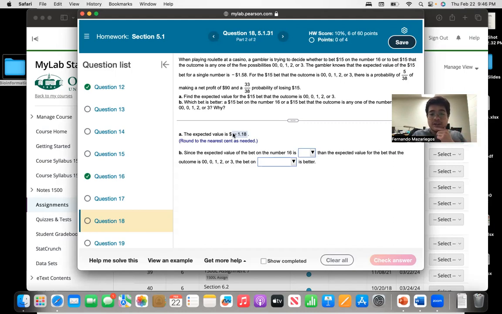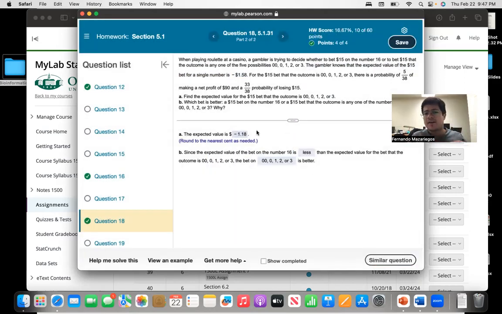The expected value we just calculated for the 5 numbers and the expected value of betting for a single number, which we are told is -1.58. So which one of these two numbers is greater? Since the expected value of the bet on number 16 is less than the expected value for the bet that the outcome is 0, 00, 1, 2, or 3, the bet on 0, 00, 1, 2, or 3 is better.